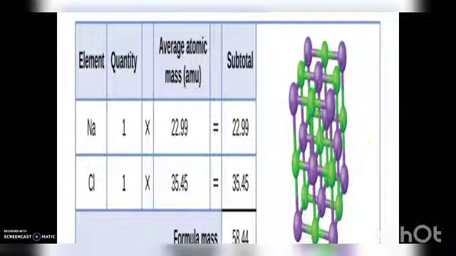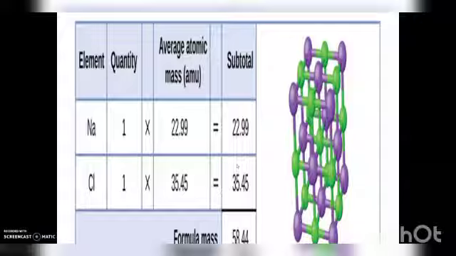For example, here is NaCl. The average atomic mass of sodium is 22.99 and chlorine is 35.5. We use a similar method here as for calculating molecular mass.